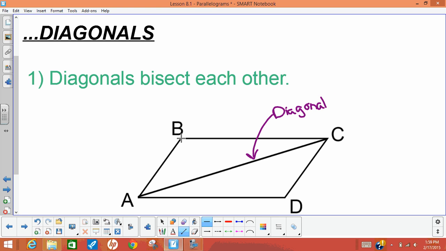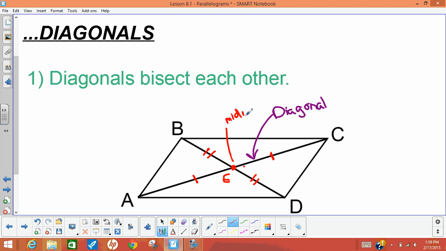So I have diagonal BD as well. And the thing we know about parallelograms is that the diagonals bisect each other. That means they cut each other in half. So we'll call this point E: AE is congruent to EC, and BE is congruent to ED. So we have two pairs of congruent smaller segments because the diagonals have bisected each other. That means that E is the midpoint of both of those diagonals.